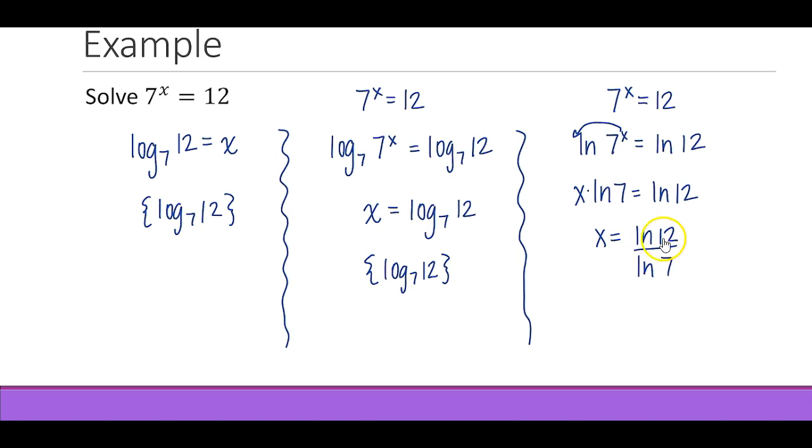But it does. Natural log of 12 over natural log of 7, if we apply our change of base formula, this is log base 7 of 12, because the 7 goes in the base and the 12 goes inside the log. So we do in fact end up with the same answer, log base 7 of 12.